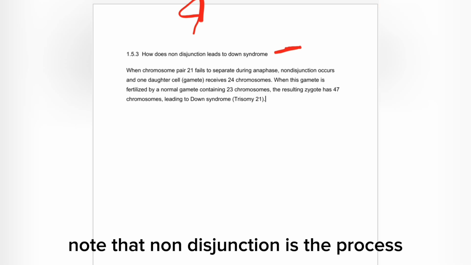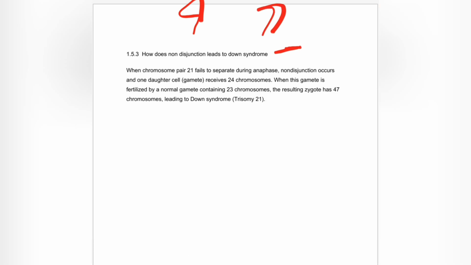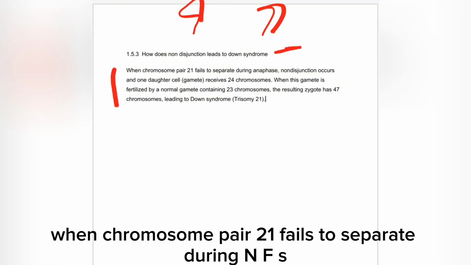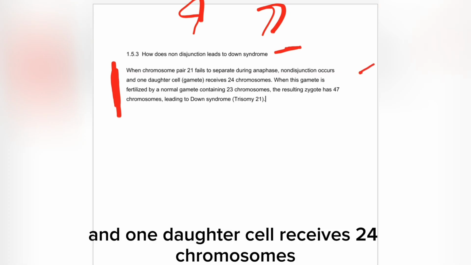So the next question is, how does non-disjunction lead to Down syndrome? Note that non-disjunction is the process. Down syndrome or trisomy is the disorder. So what happens is when chromosome pair 21 fails to separate during anaphase, non-disjunction occurs, and one daughter cell receives 24 chromosomes.